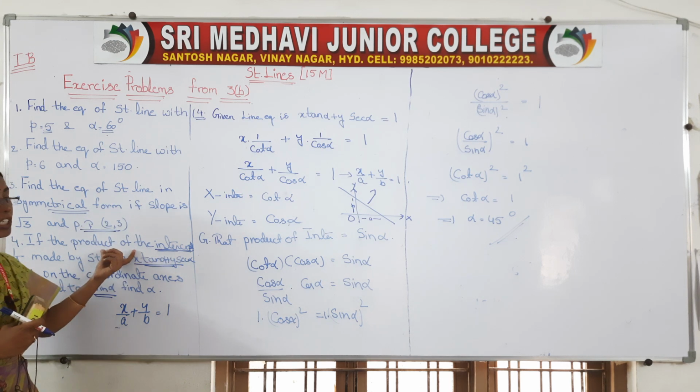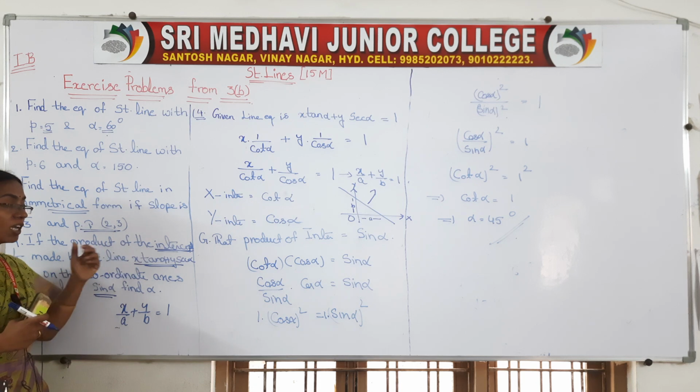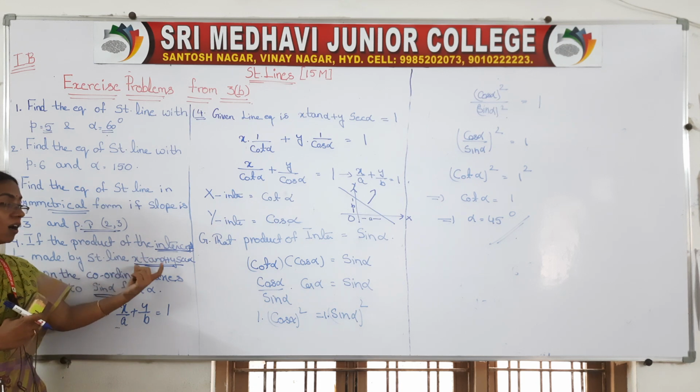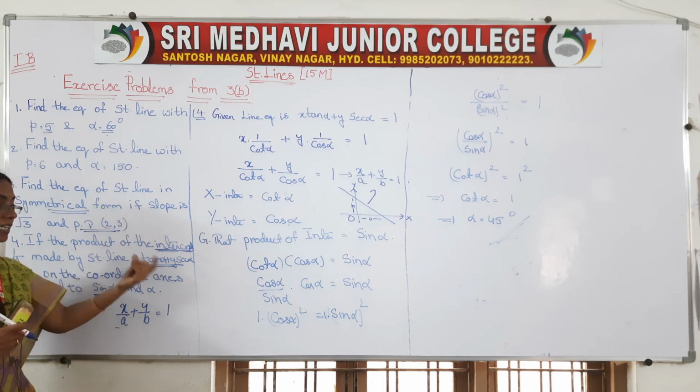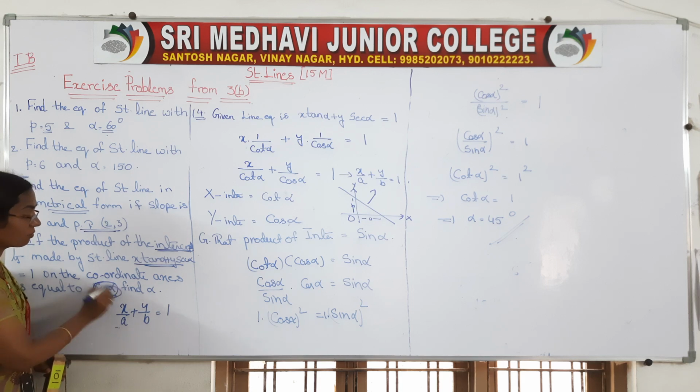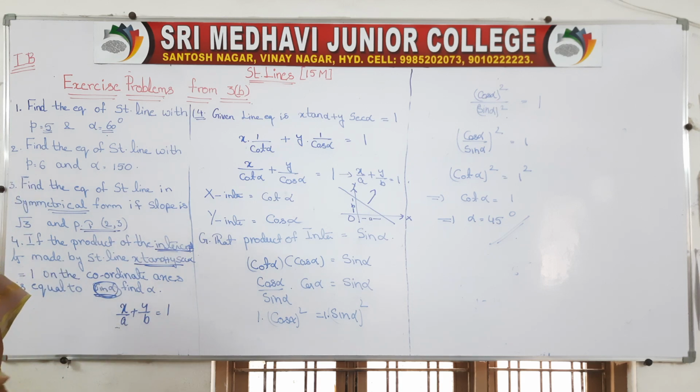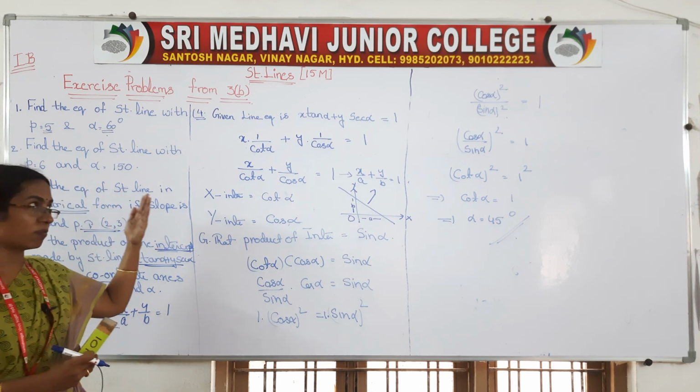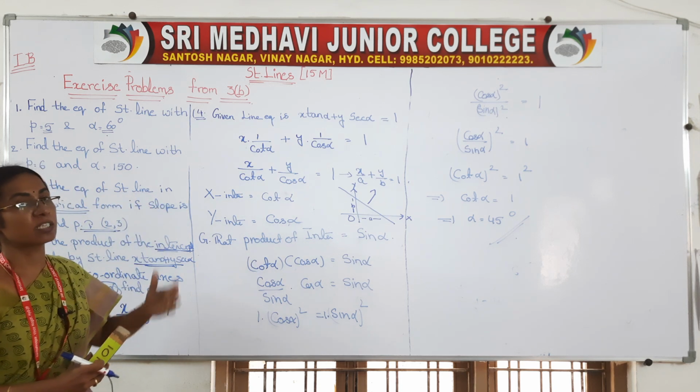Why? In the question it is given that the product of the intercepts made by the line with the coordinate axis is given as sine alpha, then find alpha. So, we need intercepts made by the line. So, try to convert the line equation in intercept form.